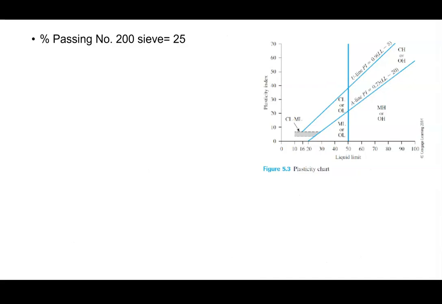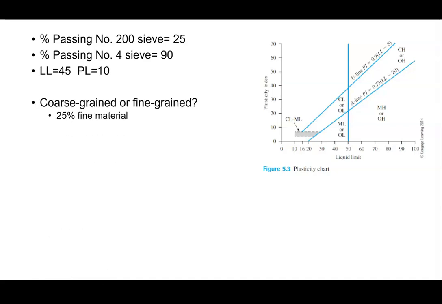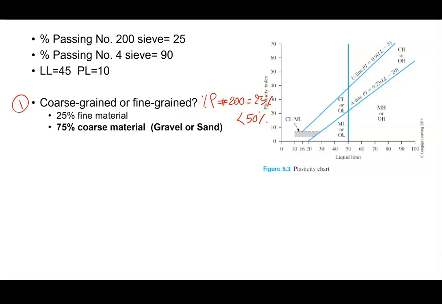So, for example, we have percent passing sieve number 200 equal to 25%, and percent passing sieve number 4 as 90%. So in step 1, we look at the percent passing number 200, which is 25%, which is less than 50%, which means that we have a coarse grain soil.